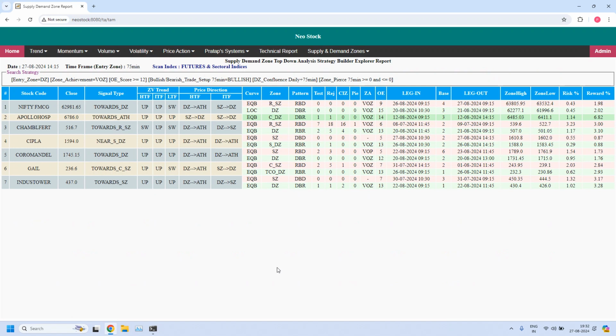Now the list is reduced to 7. These 7 stocks are currently supporting bullish trade setup for weekly income trade, and also 75 minutes and daily demand zones are having confluence with each other.